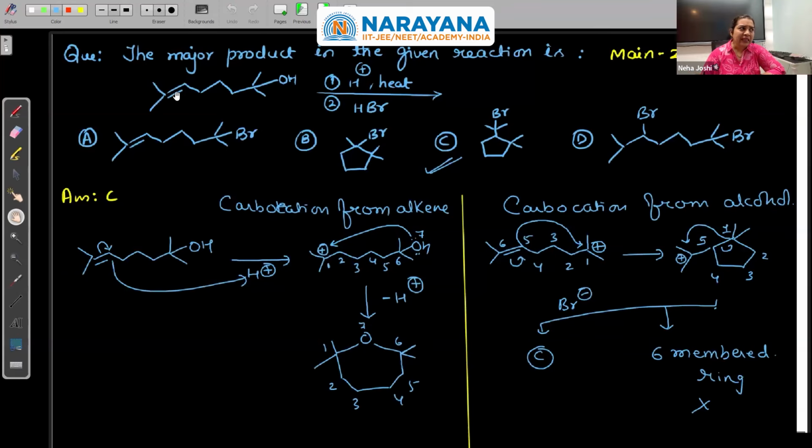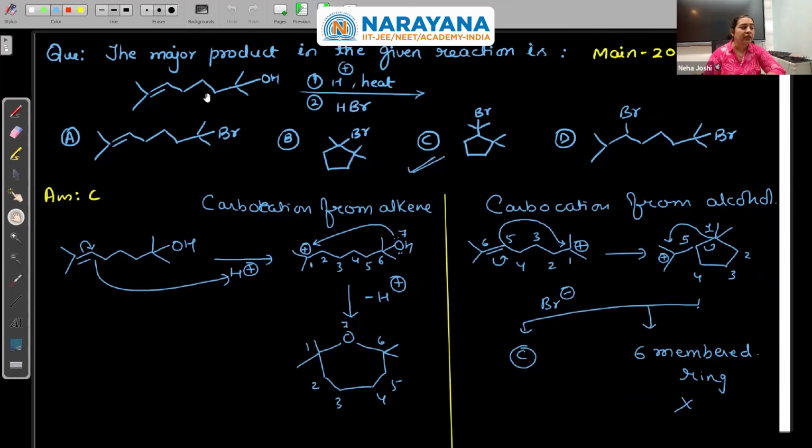Now see, in whatever alkene reactions we did, intramolecular reaction based questions have been asked. How to approach such questions when a molecule has more than one place for attack of H plus?